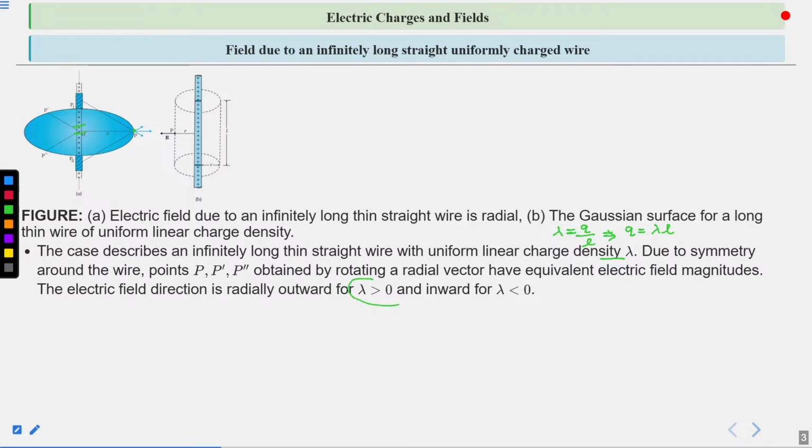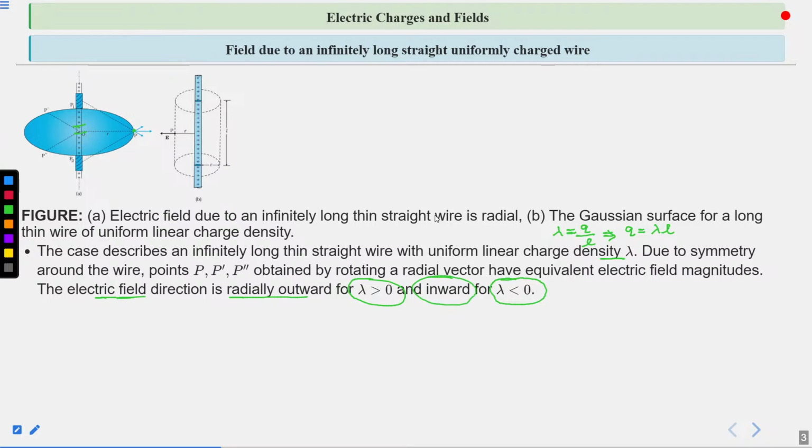In that case, the direction of the electric field is radially outward. And what about negative charge, if the linear charge density is less than 0? In that case the direction of the electric field is radially inward.